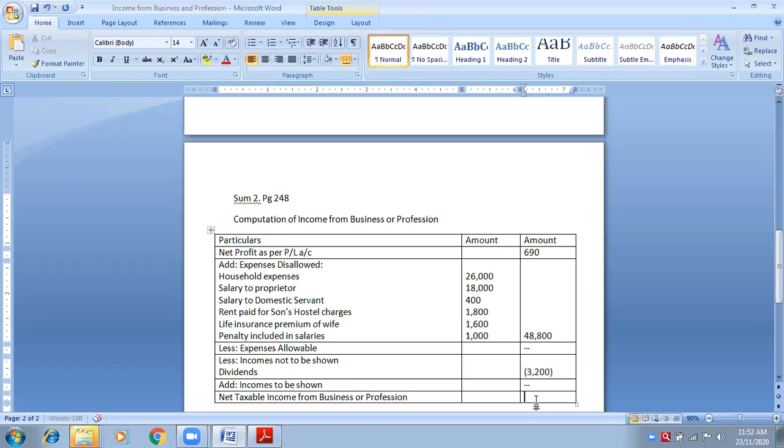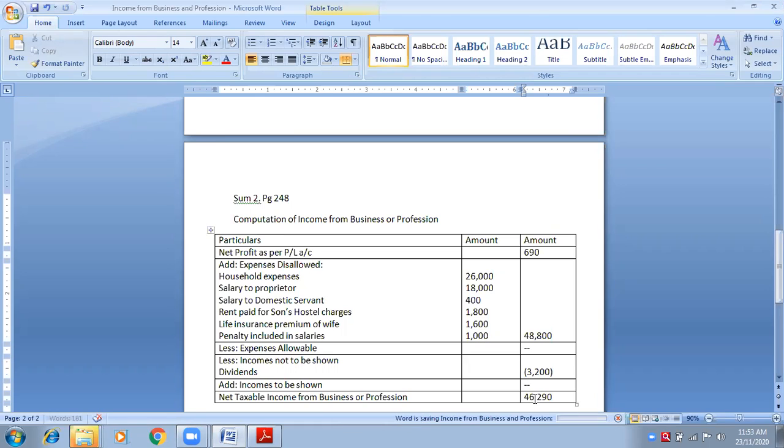Now tell me the final amount. Look at the outer column. 690 rupees plus 48,800 rupees minus 3,200 rupees. So can you tell me the net taxable income from the business? 46,290. 46,290 is taxable.